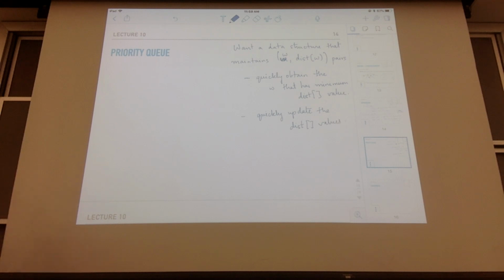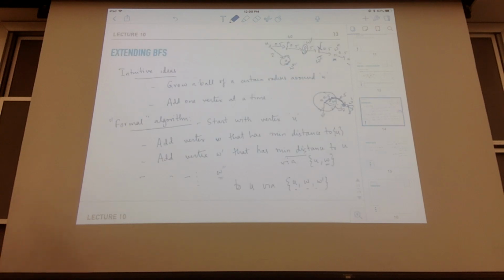Right now this is referring to the new algorithm. But dist of W is now redefined to be the minimum distance to U via the set. We are growing a set one element after another.